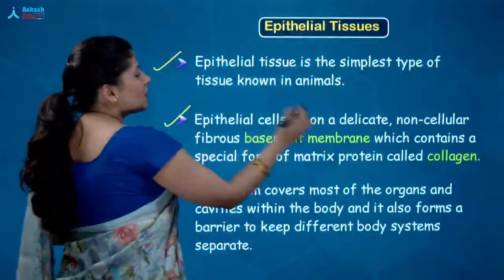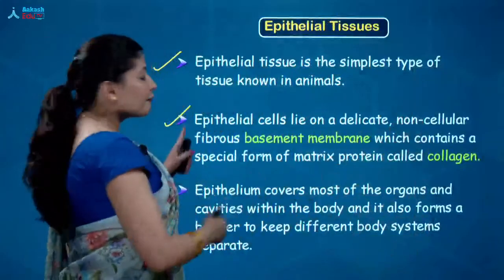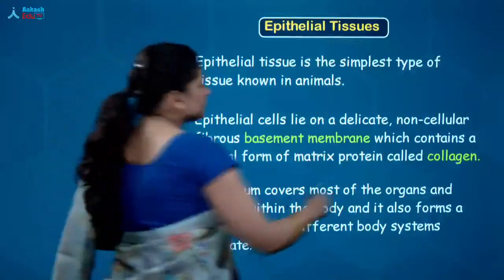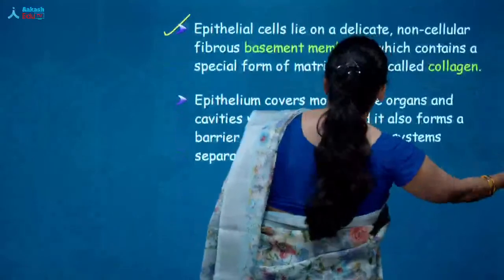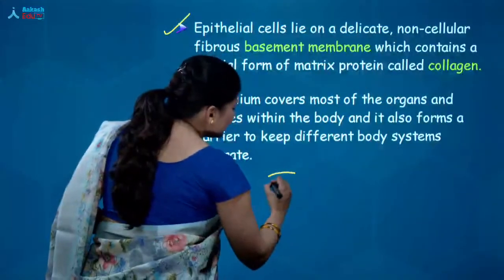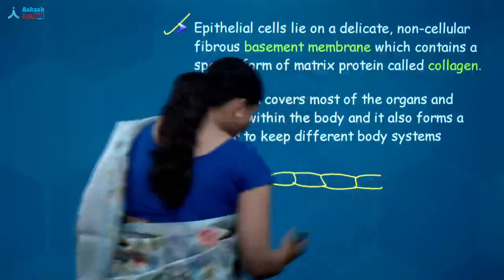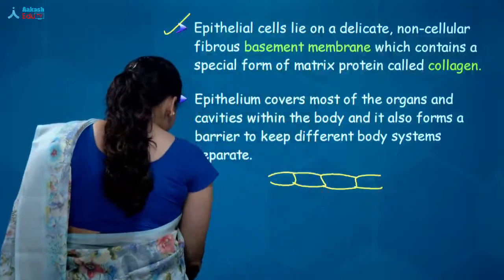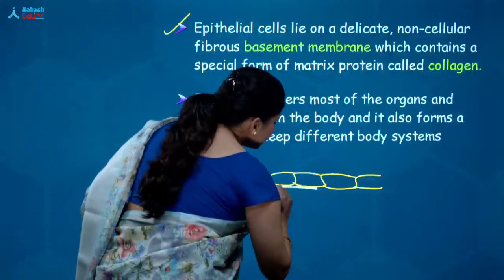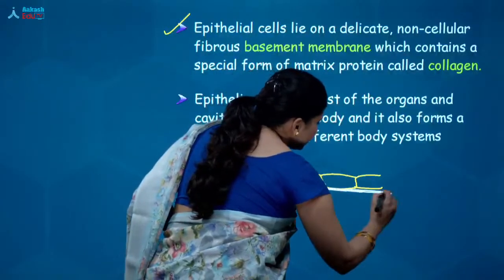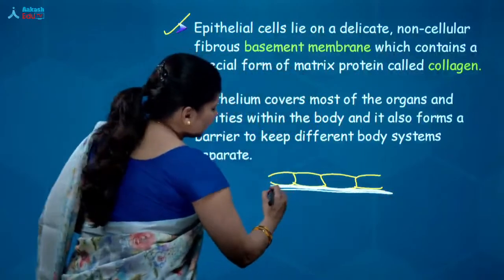Epithelial cells lie on a delicate non-cellular fibrous basement membrane. Always remember the cells of epithelial tissue. Let's say these are the cells of epithelial tissue. They lie on a basement membrane. So here it is basement membrane. This white colored जो मैंने एक layer बनाई है, this is what?